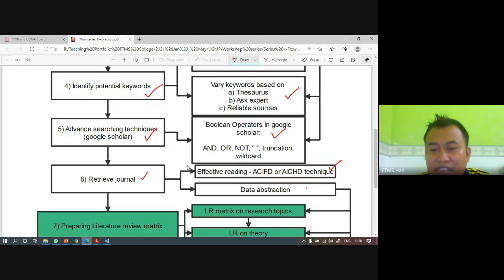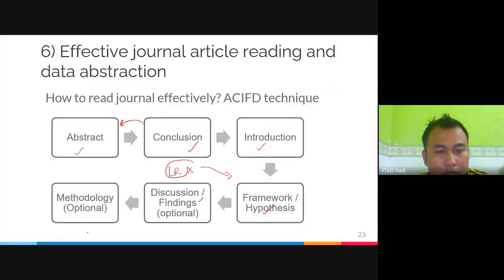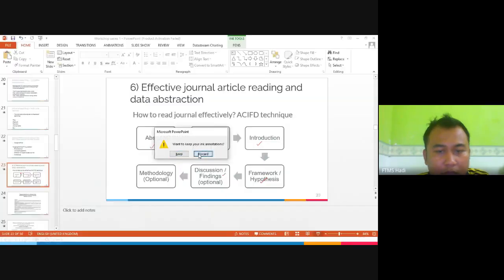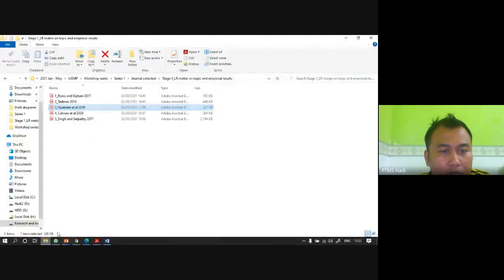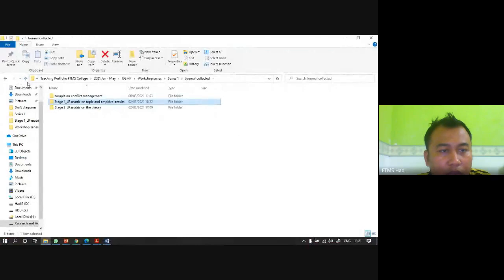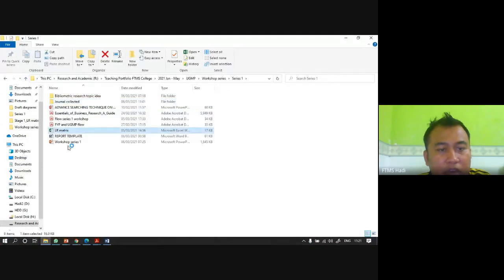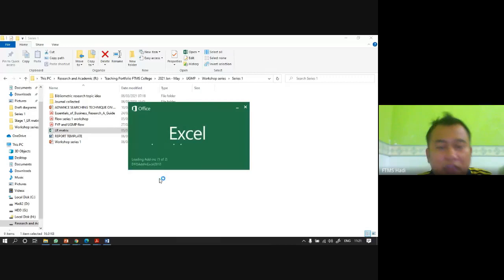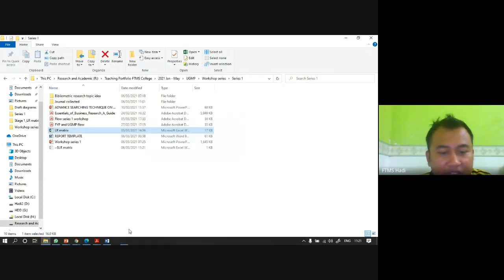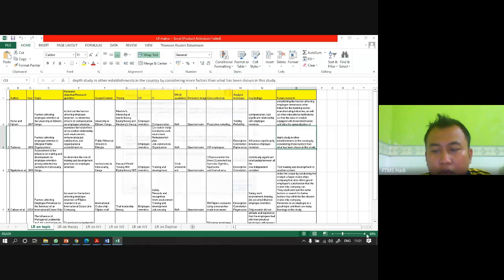Okay, data abstraction. Let's have a look at this sample. I also provide this in the notes, the LR matrix. Usually I put things from the journal, from the abstract, not everything I read. If you want to go deeper, probably that will be another session.